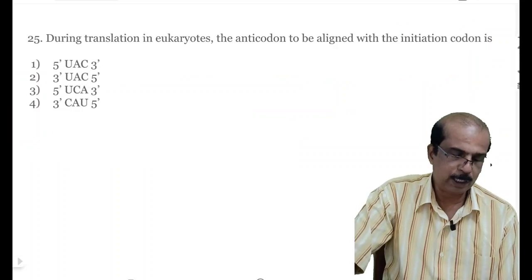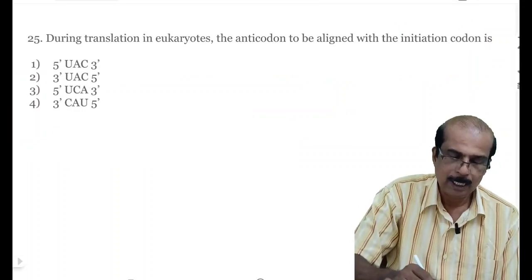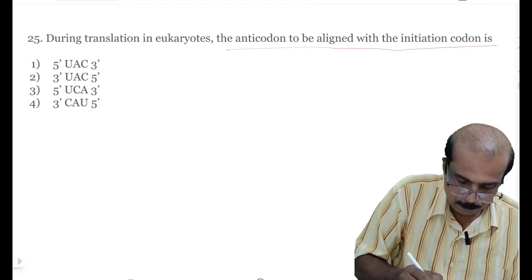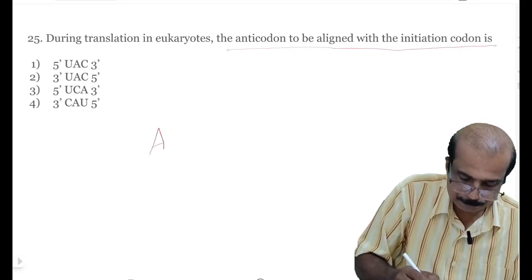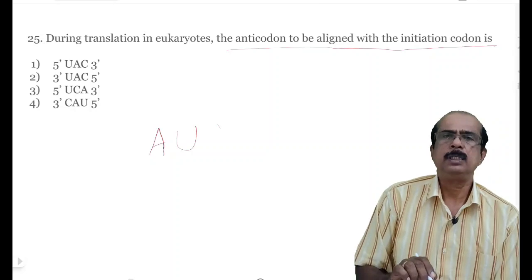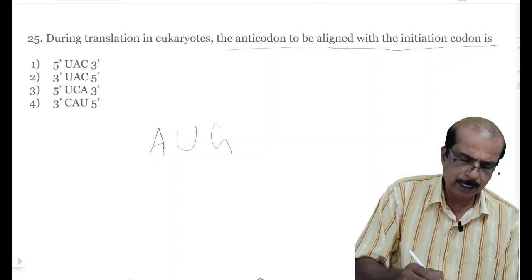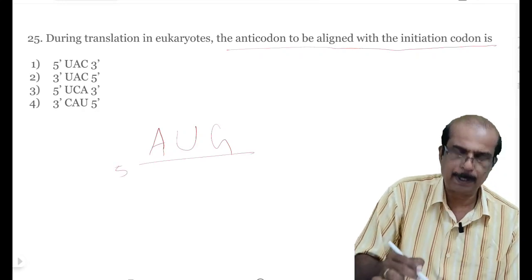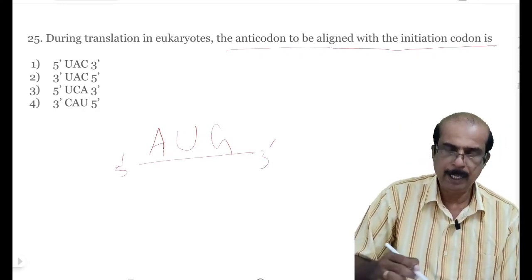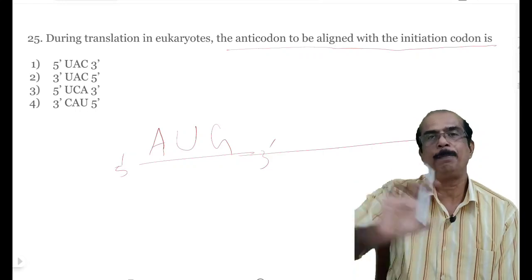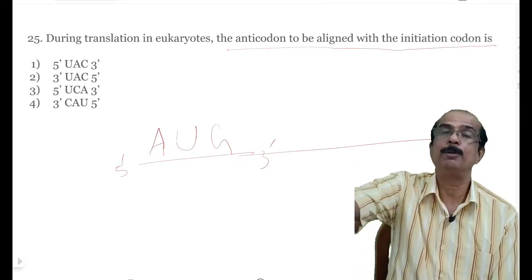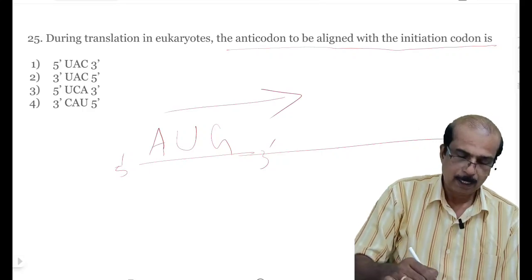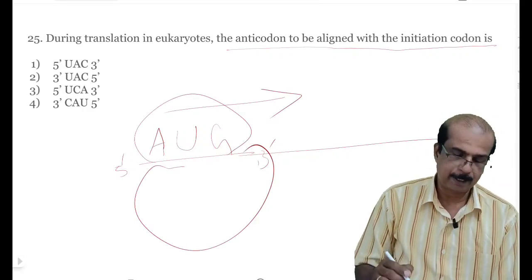Next question, 25th question. During translation of eukaryotes, the anticodon to be aligned with the initiation codon. We know that the initiation codon is AUG. Here AUG is in the mRNA and it is in 5' to 3' direction. The mRNA is scanned by the ribosome in the 5' to 3' direction. This is the direction of reading of the ribosome.